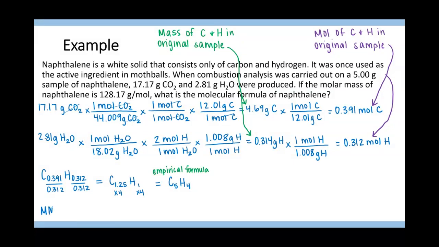So molar mass of C5H4. I'm not going to write out the equation just to save space, but you do 5 times the atomic mass of carbon plus 4 times the atomic mass of hydrogen. And that I have 64.082 grams per mole.